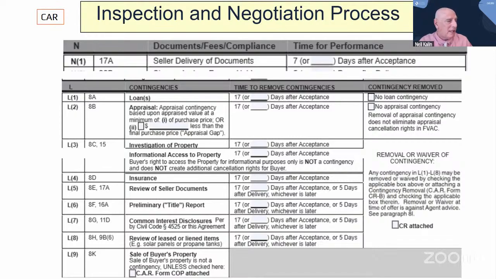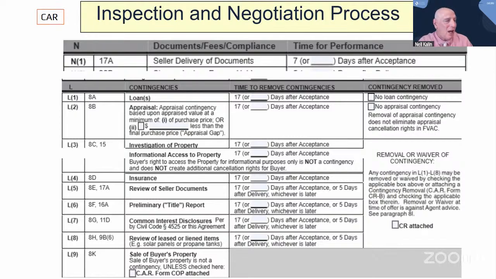But if you look down to L5 and L6 and L7 and even L8, of course, it does not make any sense to tell a buyer you have a total of 17 days to make a decision if the seller doesn't provide you the documents or the HOA doesn't provide you the documents on time, because that could really reduce a buyer's ability to have time to think about what to do with something.